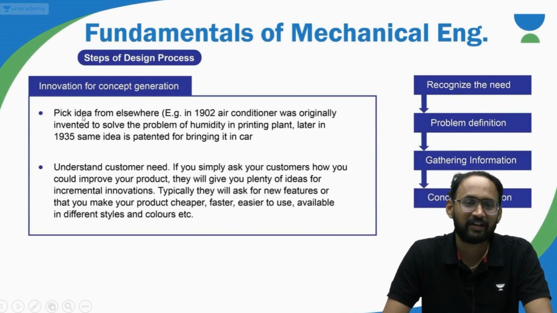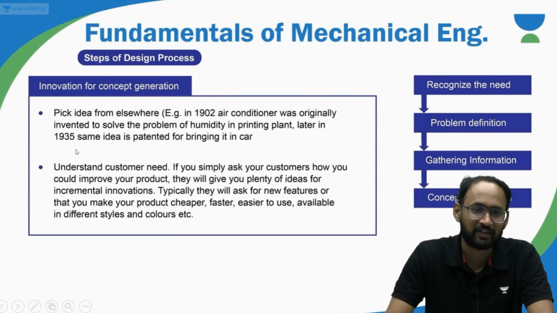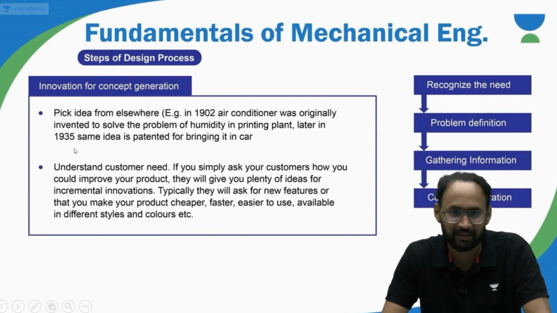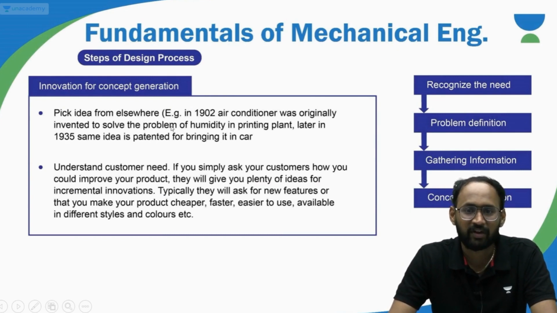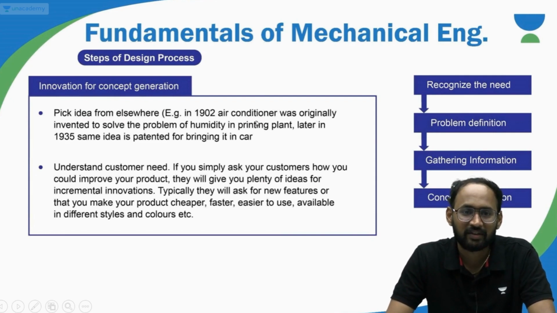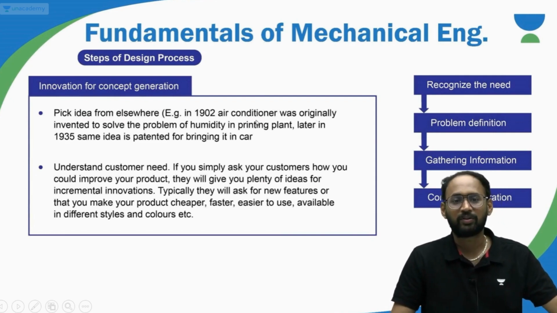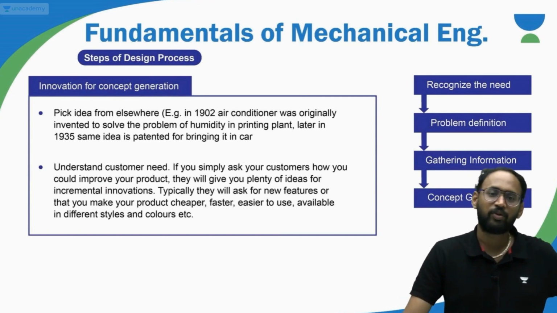So, innovation for concept generation, let's just take some example. You pick an idea from somewhere. Say for example, in the 1900s, how the air conditioner was used to solve the humidity in a printing plant.